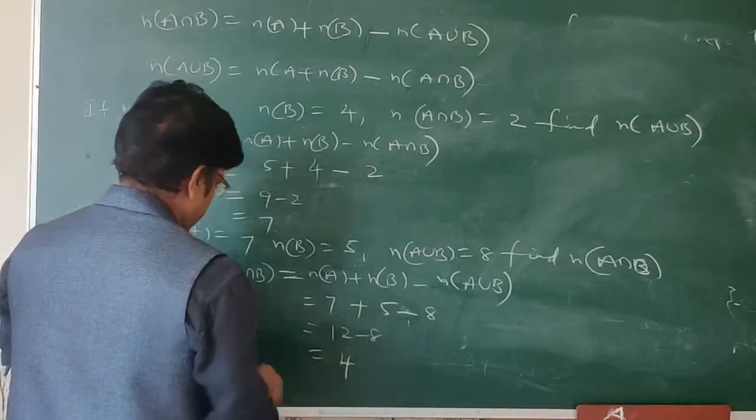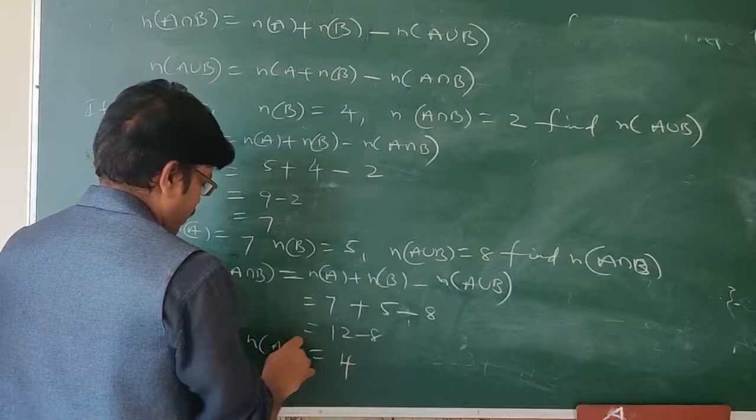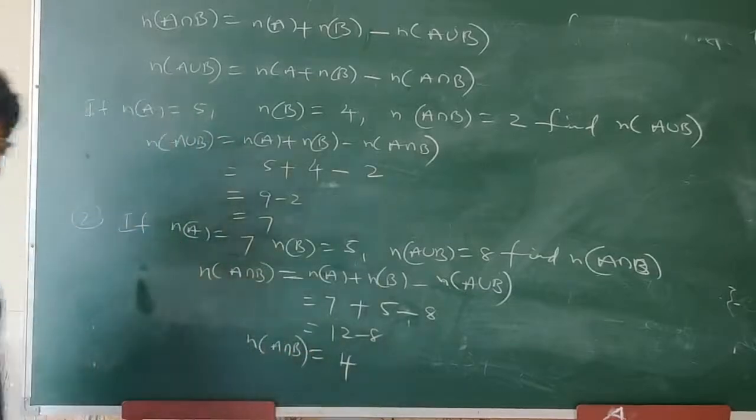This is 4. n of A intersection B is 4. That's it. Copy down.